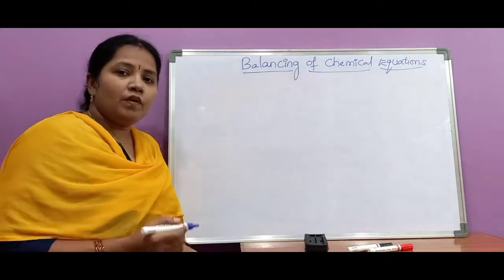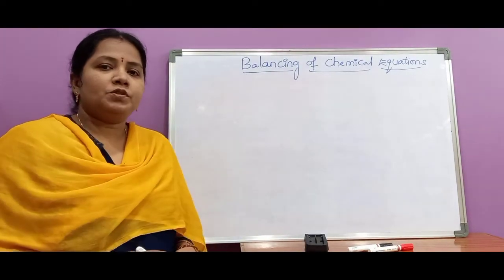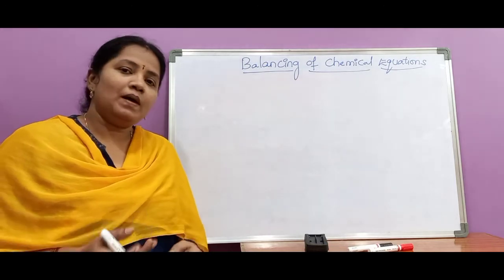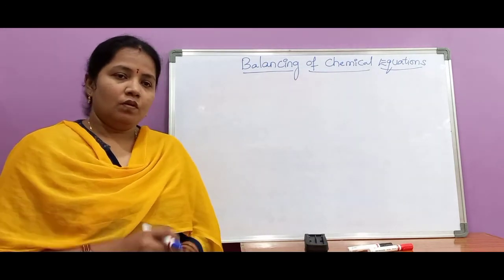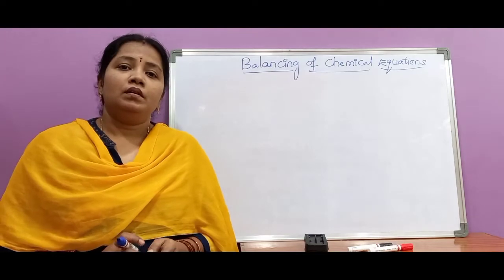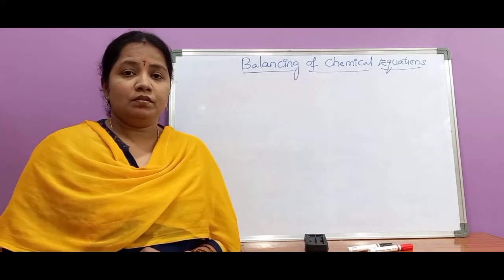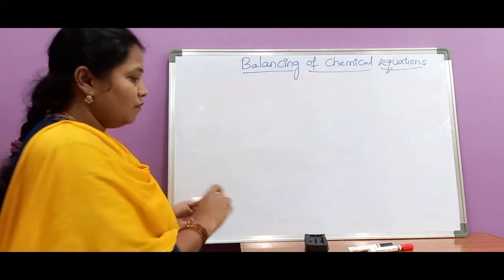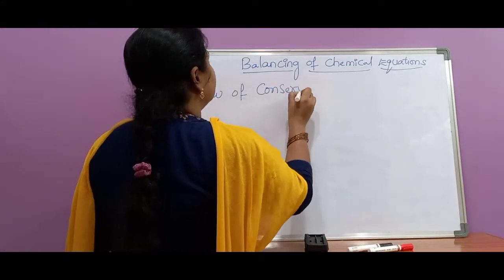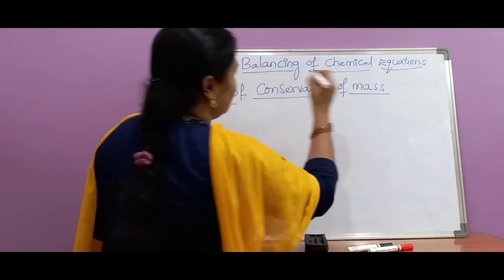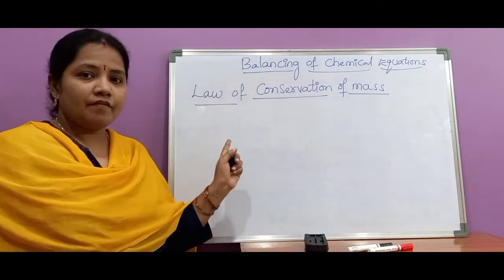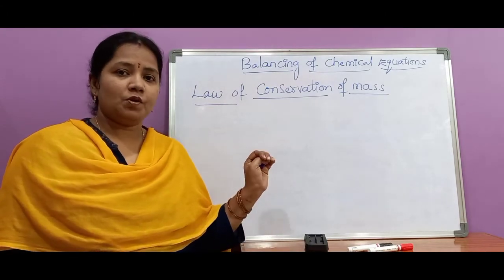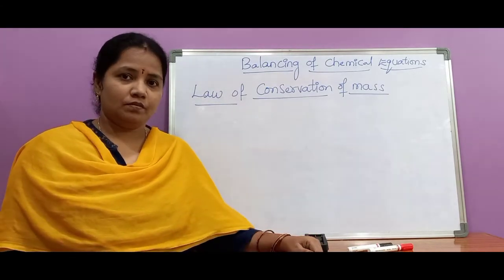Before going to the remaining steps of balancing equations, first of all, we will see one question. Why do we need to balance the equation? The chemical equation is to be balanced to satisfy the law of conservation of mass. This important law states that mass can neither be created nor destroyed during any chemical reaction.